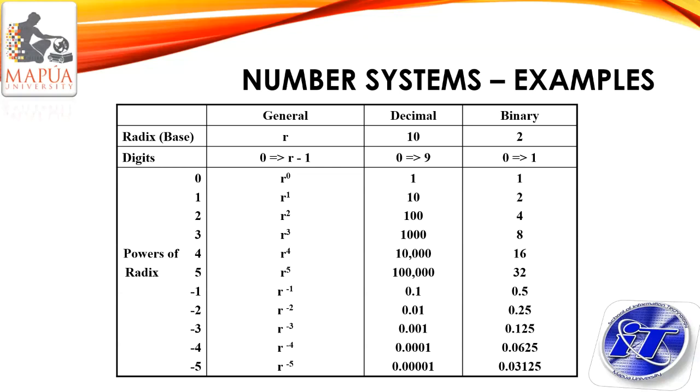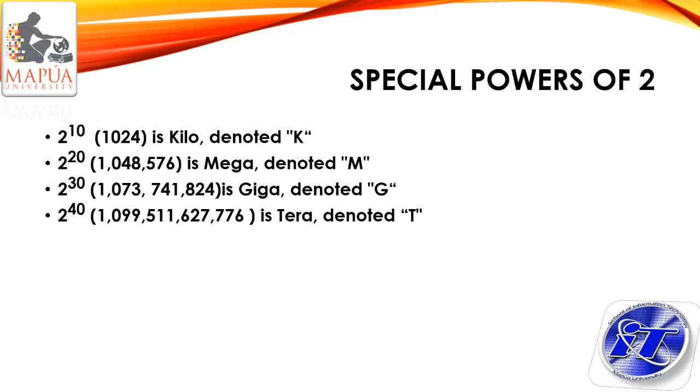Okay, and based on this, the same position and same exponent but different radix will have a different result. Also, in binary we use prefixes to determine how big our data is, or how big the binary number is.